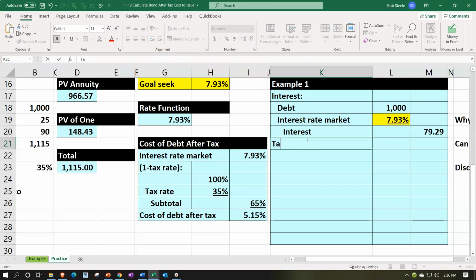Then we're going to go to the tax benefit. What's the tax benefit of this? Well, we'll tell you.